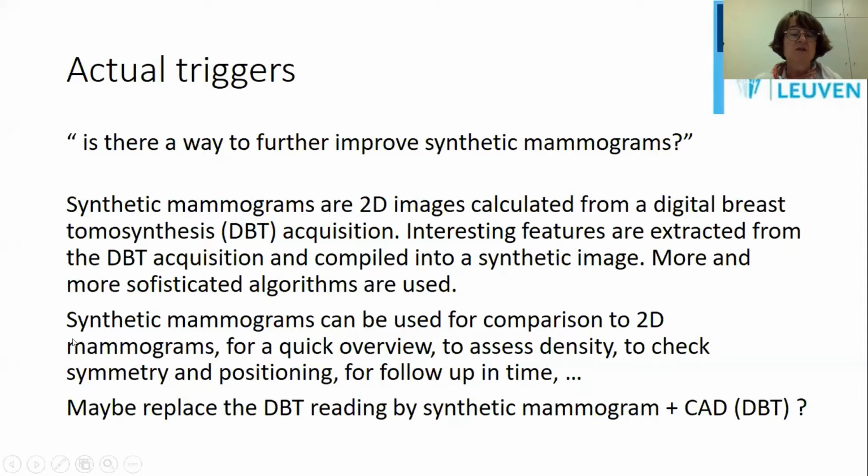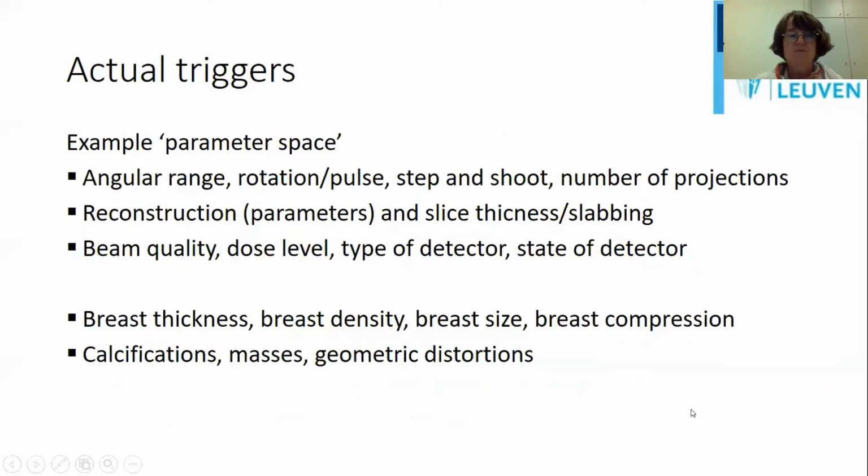The synthetic mammograms can be used, for instance, for comparison to 2D mammograms, for a quick overview, to assess density, maybe to check symmetry and positioning for follow-up in time. And so maybe it could replace DBT reading by synthetic mammogram plus computer-aided detection of the DBT stack. Who knows? So there are good reasons to try to get it better.